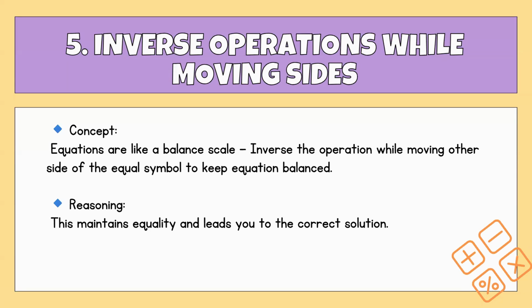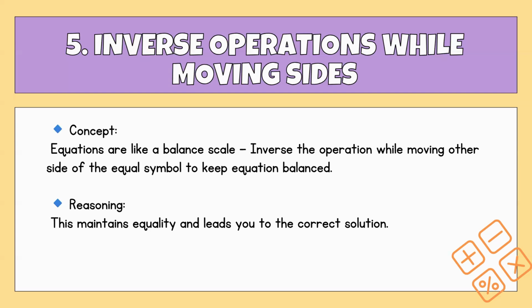The concept is equations are like a balance scale. Inverse the operation while moving to the other side of the equal symbol to keep the equation balanced. So there is LHS and RHS as you guys know, left hand side and right hand side of the equation. So if your question in the left hand side is minus 3, in the right hand side it will become plus 3.